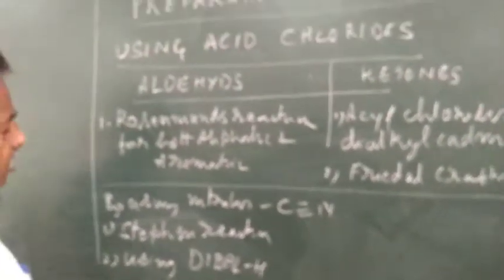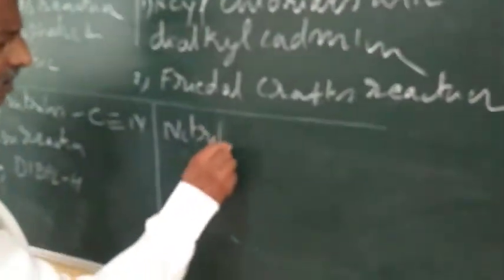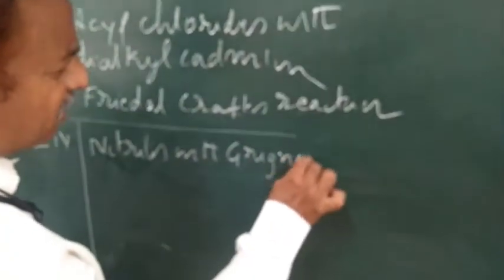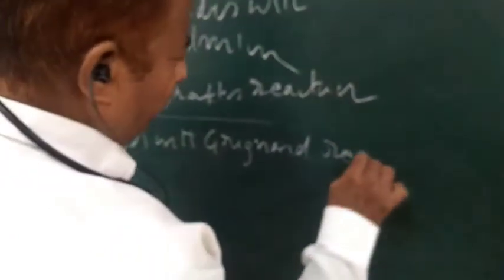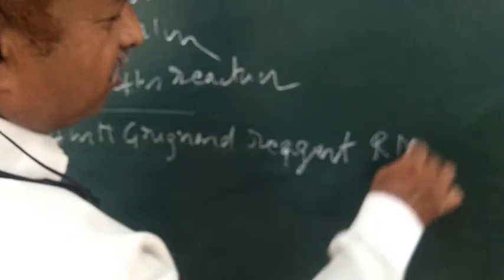So these two are the methods of preparation of aldehydes from nitrile compounds. And for ketones, nitriles with Grignard reagent. What is Grignard reagent? RMgX.